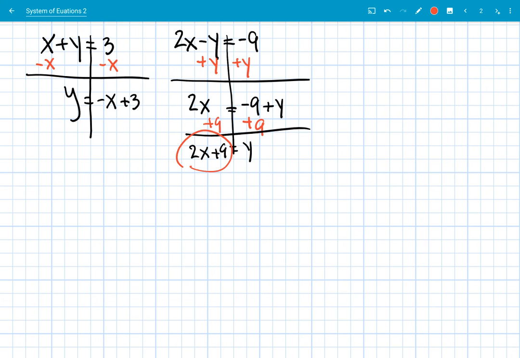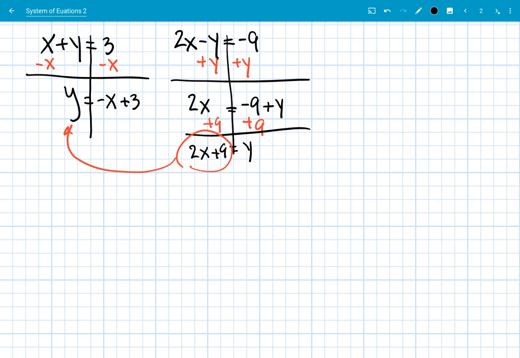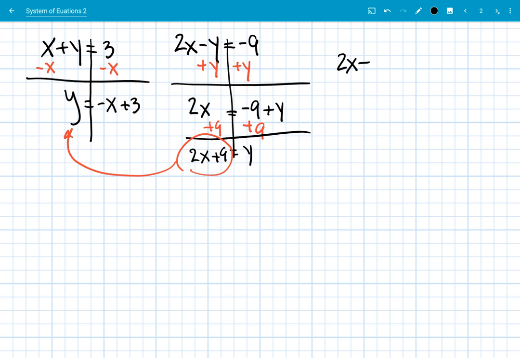And I'll take this quantity and I'll put it in place of y. So I've got that 2x plus 9 equals the opposite of x plus 3. And we're going to solve that equation. I'll add the x.